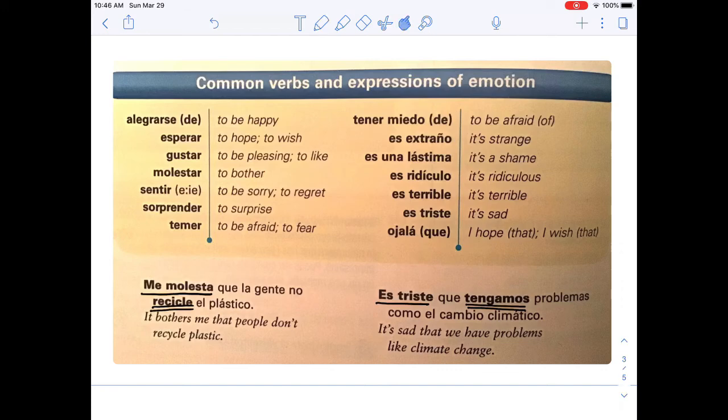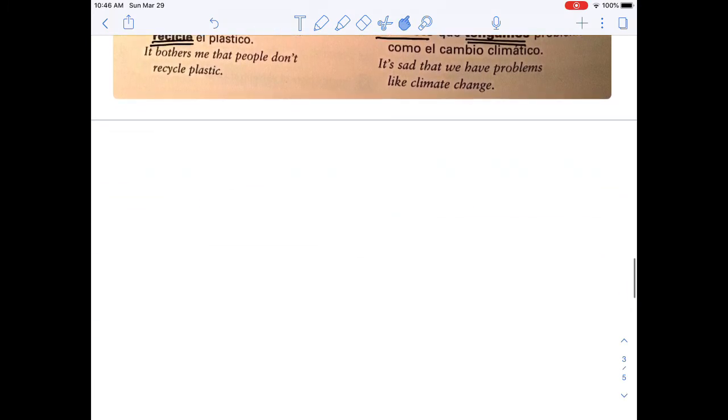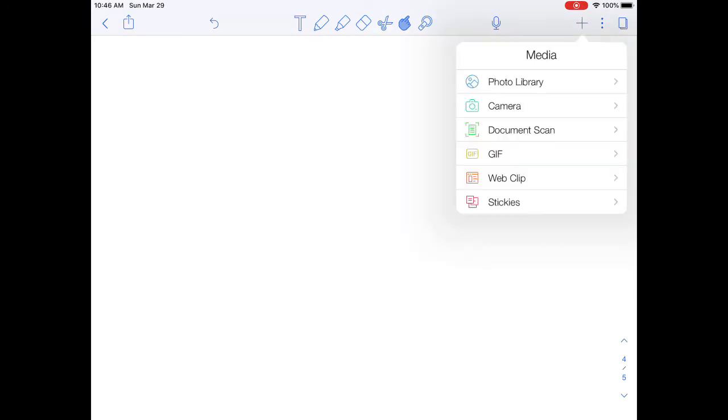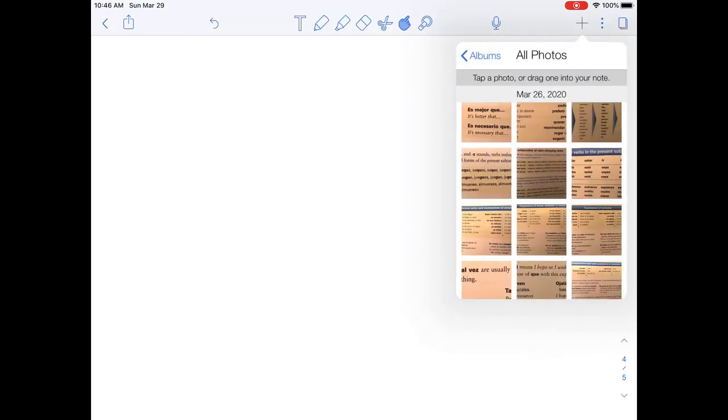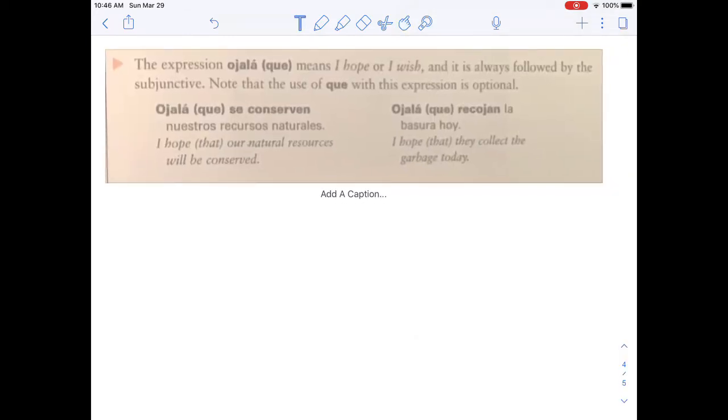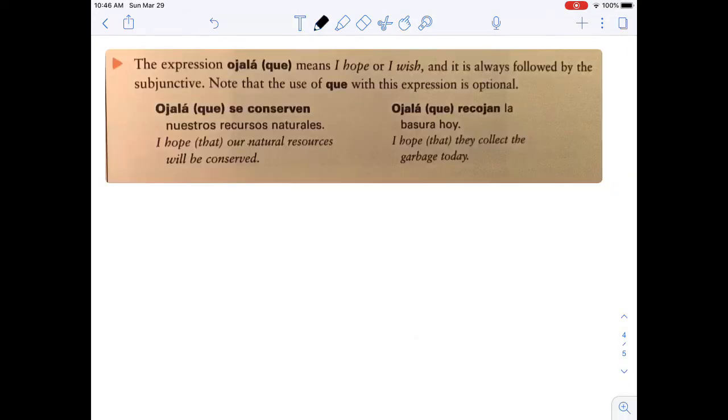Okay? Now, another thing that's going to fall under these verbs of emotion is a very particular phrase. It says here in the book that ojalá means I hope or I wish.